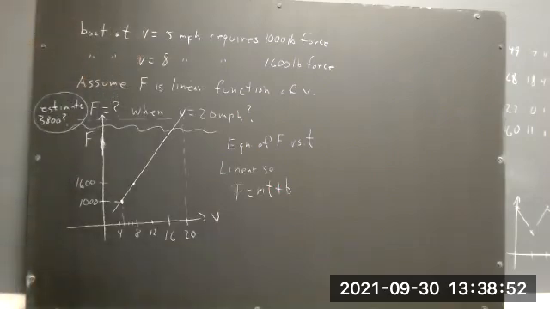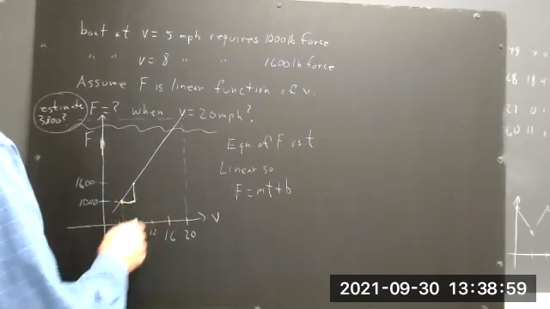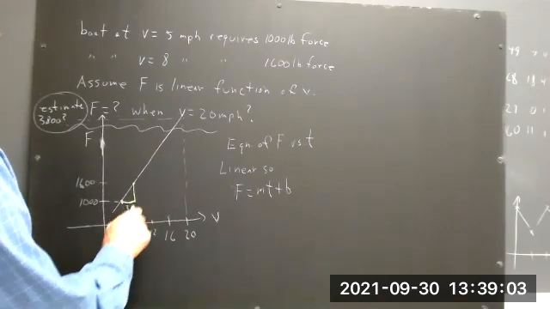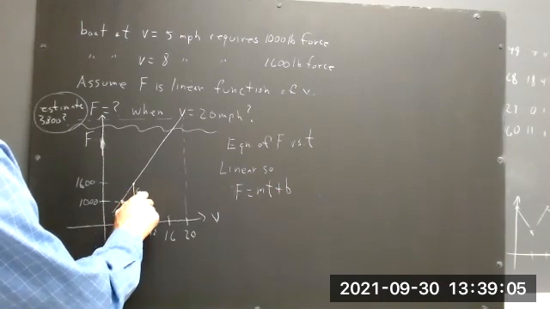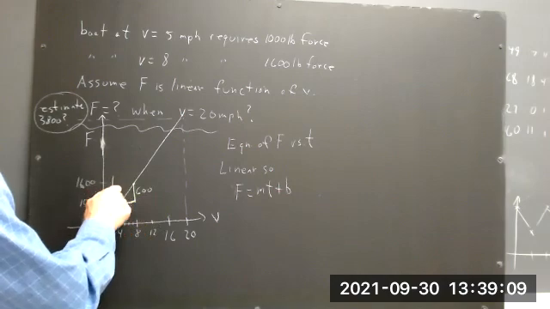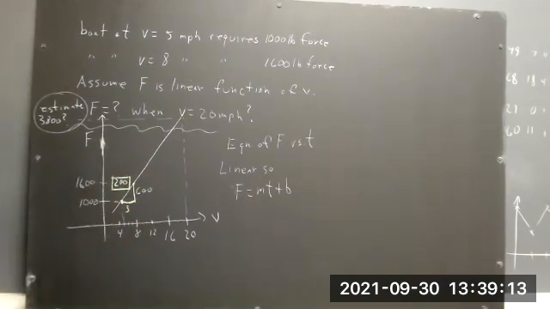Well, I see the run is 3, the rise is 600. So the slope is 600 over 3, or 200. I'm not going to write out all the details of that for time, because we just wrote out all the details.